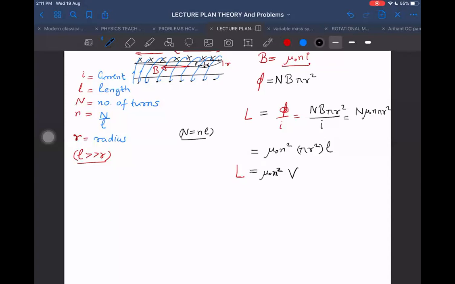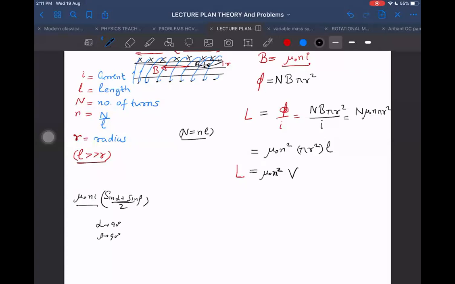Otherwise the formula comes out to be mu naught N i into (sin alpha plus sin beta) divided by 2. This is the formula for a finite solenoid. Only when alpha tends to 90 degrees and beta tends to 90 degrees can we simply write it as mu naught N i, and that will be correct. That will be true for the cases when L is very, very large as compared to R.